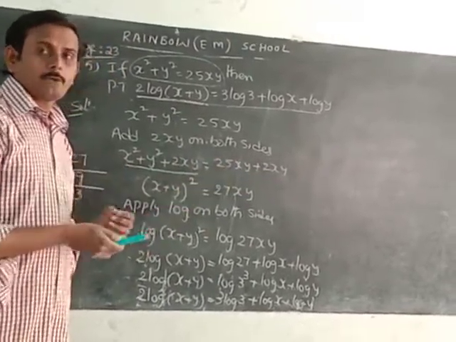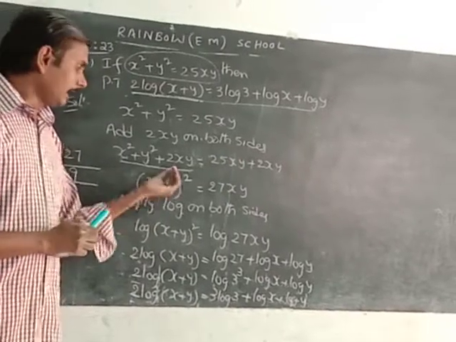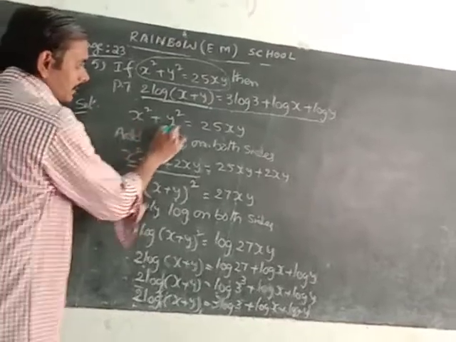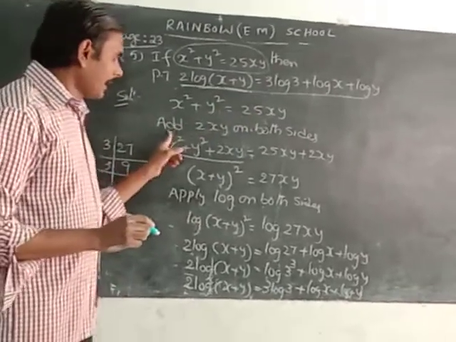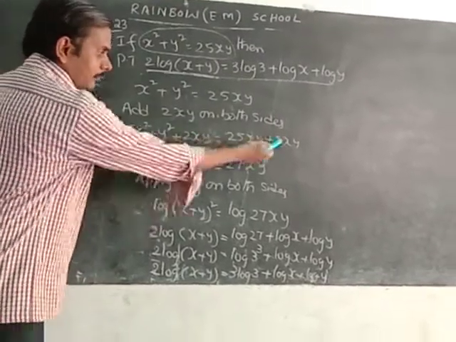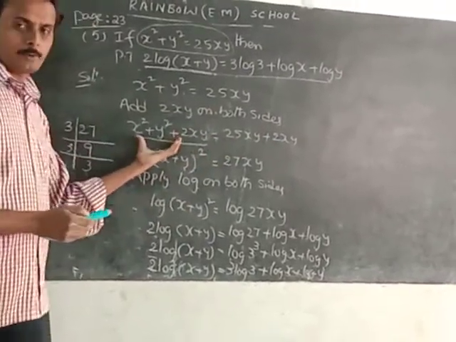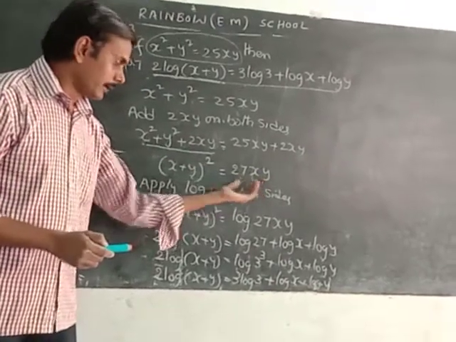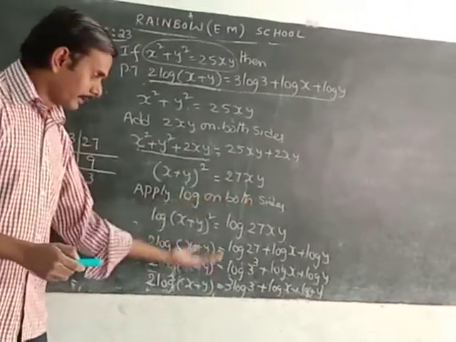While subtracting we use the (a minus b) whole square formula, while adding we use the (a plus b) whole square formula. Now x square plus y square equals 25xy, I add 2xy on both sides. It is in the form of (a plus b) whole square, and the right side is 27xy. Apply log here and expand that one.